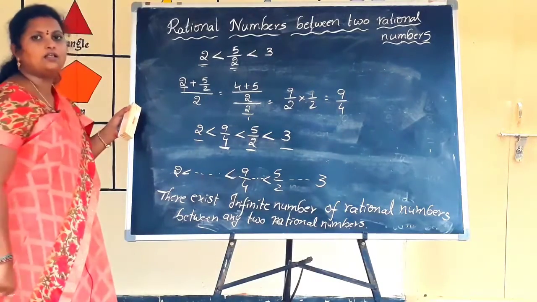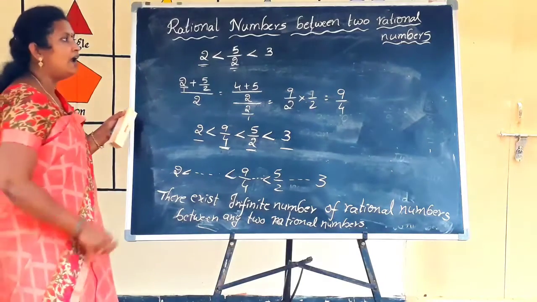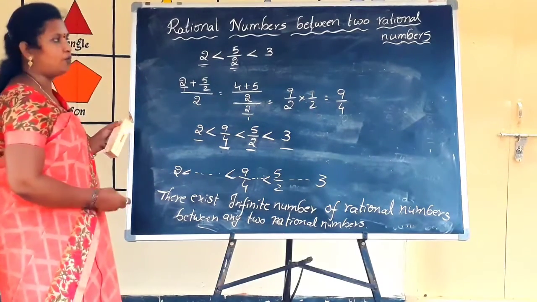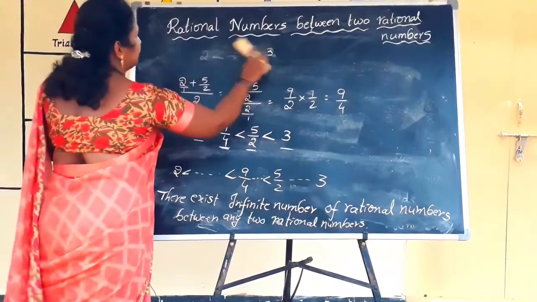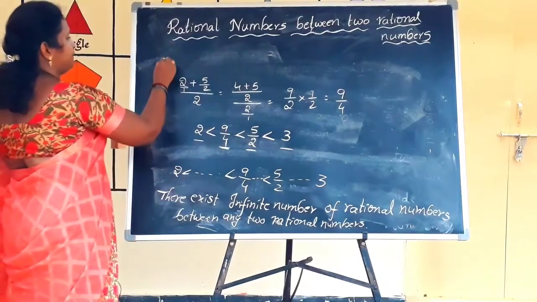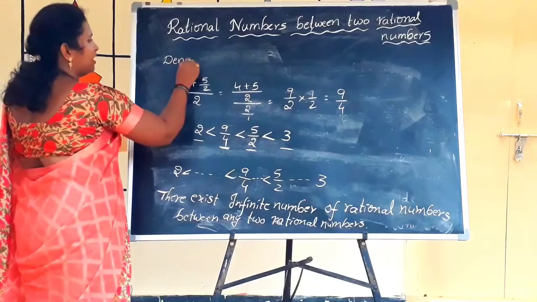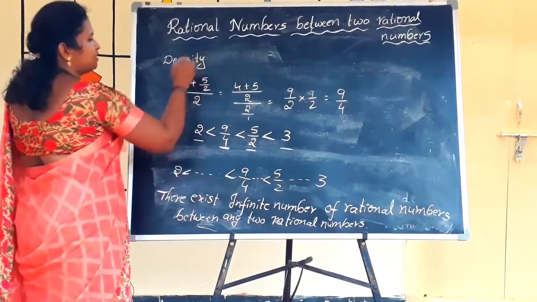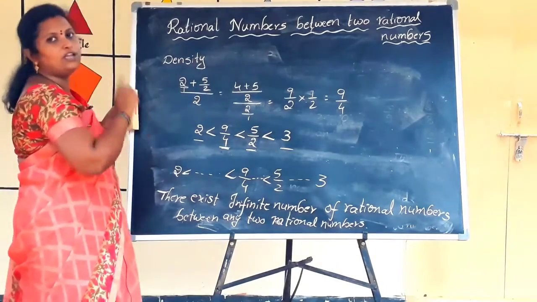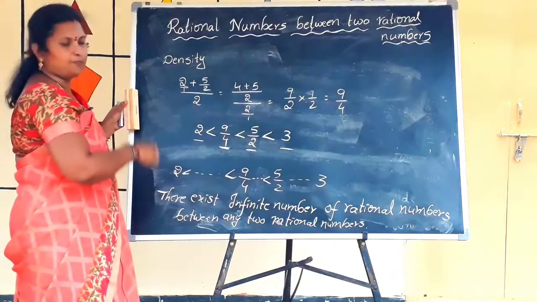So this property is called the density property. What do we call it? Density property of the rational numbers. Only the rational numbers have this property.